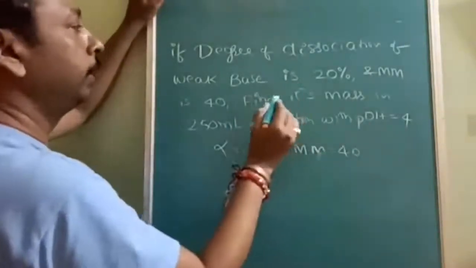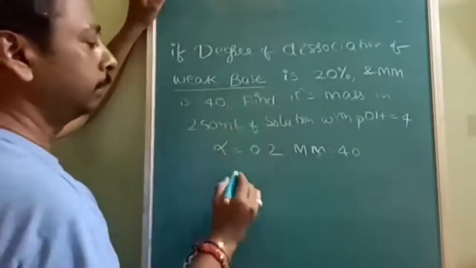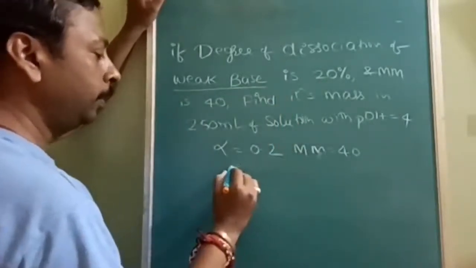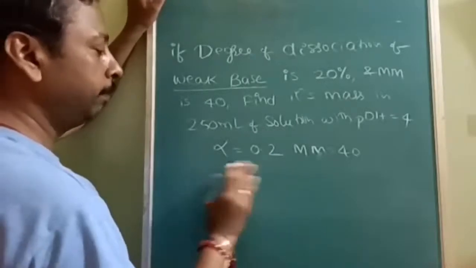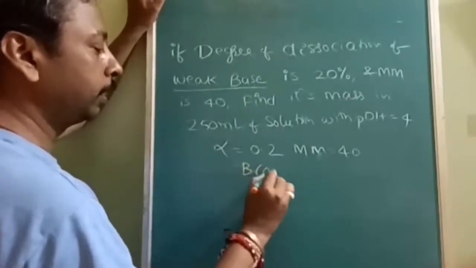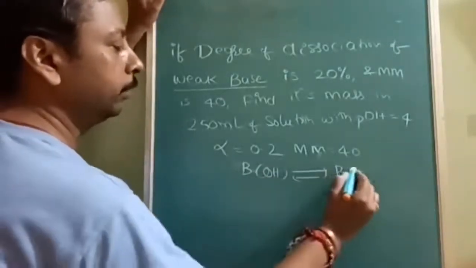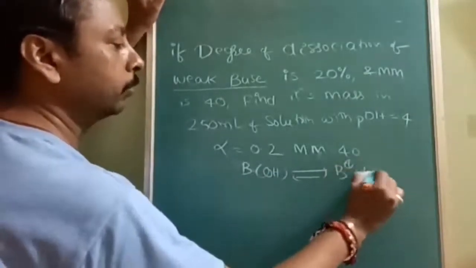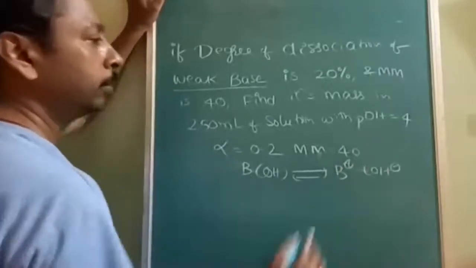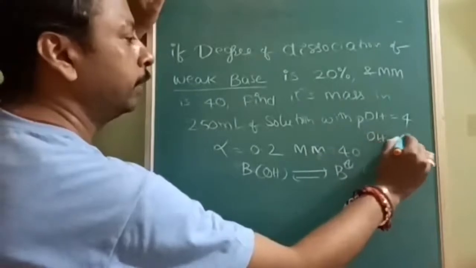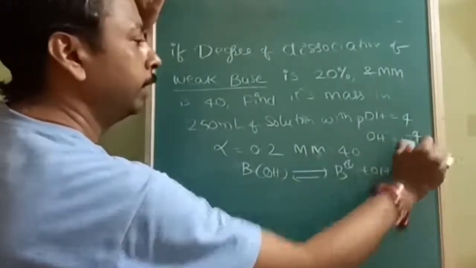You have to be very careful, weak base. Suppose BOH. If dibasic is not given, then you can take it as BOH. BOH reversible B plus plus OH minus. So pOH is 4, that means OH concentration is equal to 10 to the power of minus 4.